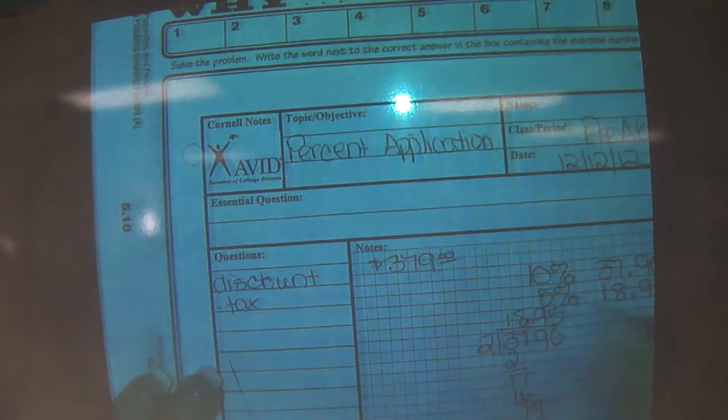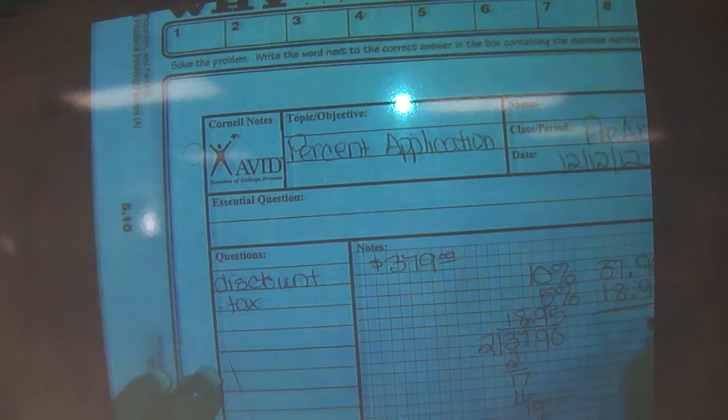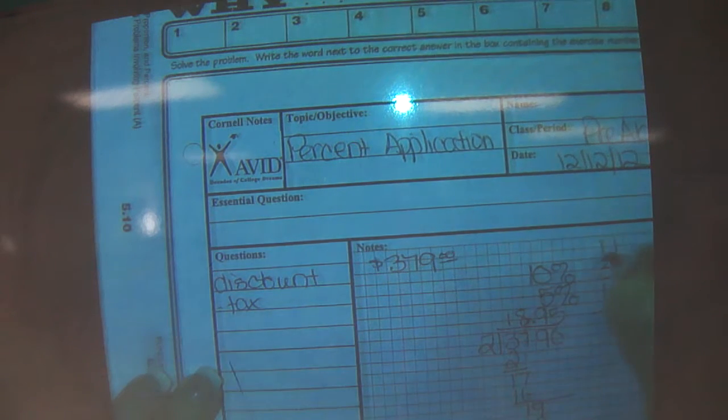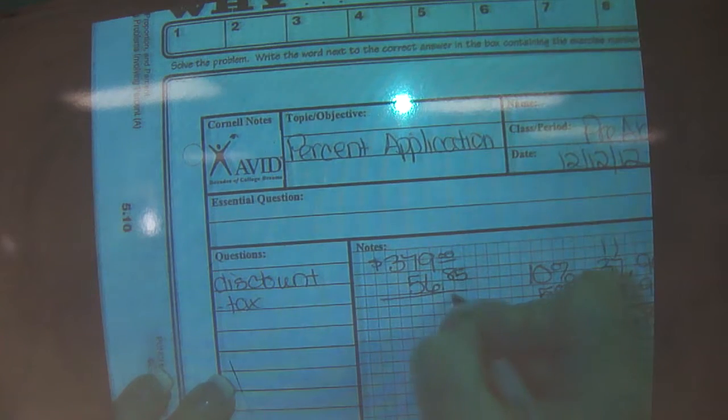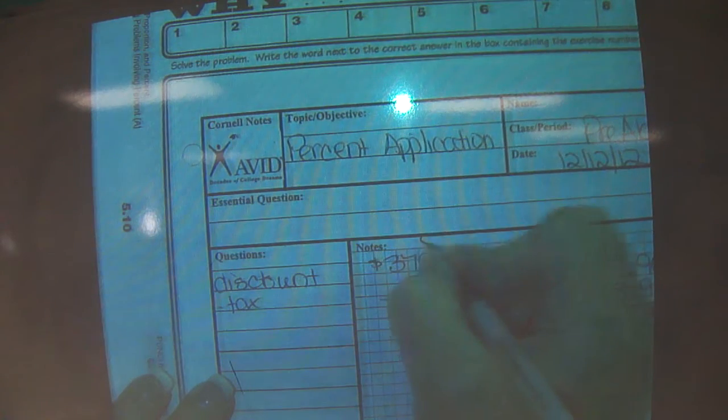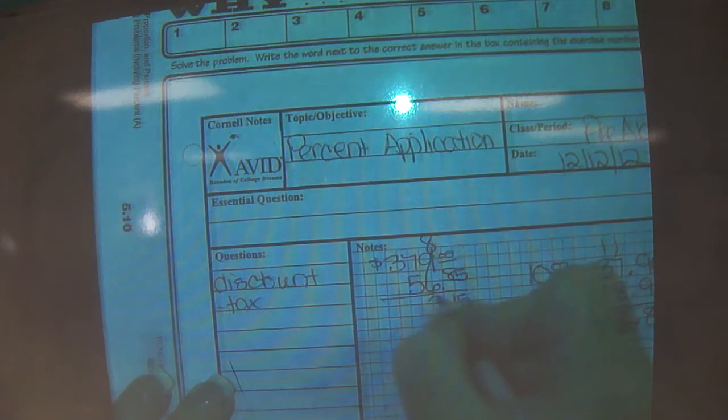Did we just find 15% if we add these two together? 56.85. So we took $56.85 off because that was the discount. So we have $322.15.